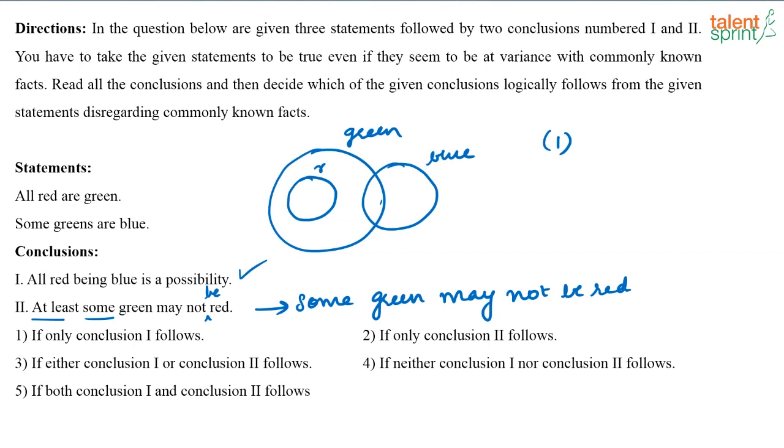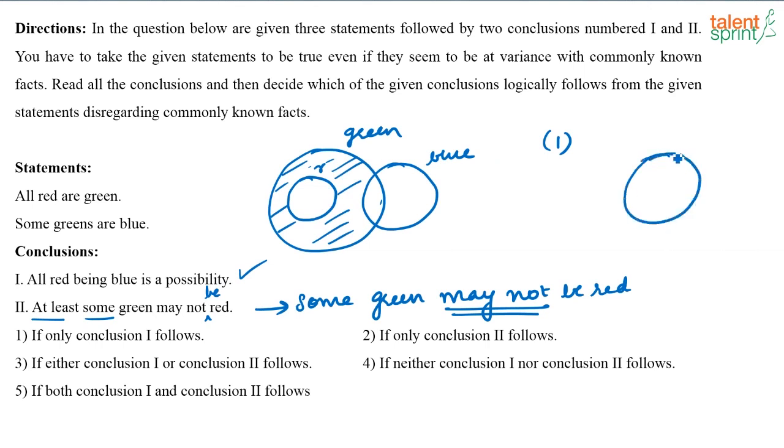That's what it means, right? So what this statement means, right? May not, that means some green is not red is a possibility. Definitely, is that a possibility? Yes. See this green, right? So these greens are not red. So either the set red and green, how can it be?